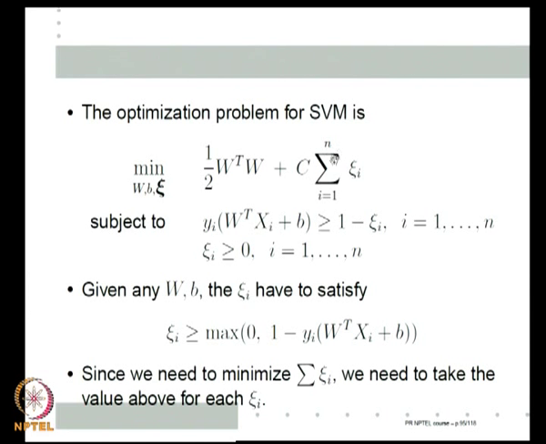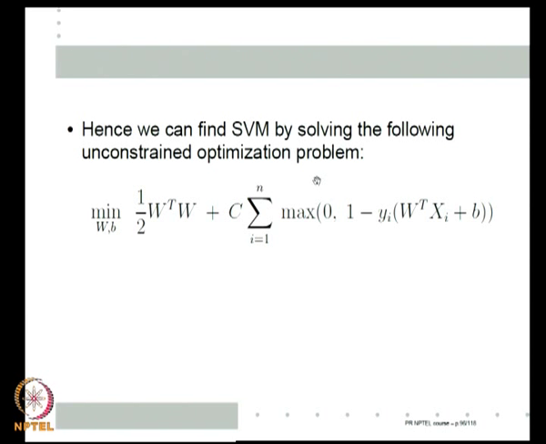Instead of summation xi_i, each xi_i has to take only this value, the max of this. So, now I do not need these constraints anymore. Once it takes this with respect to W and b and the corresponding xi_i, it satisfies these constraints. So, my SVM problem is the same as solving the unconstrained optimization problem of minimize over W, b of W transpose W plus C summation i equals 1 to n of max of 0 comma 1 minus y_i (W transpose x_i plus b).